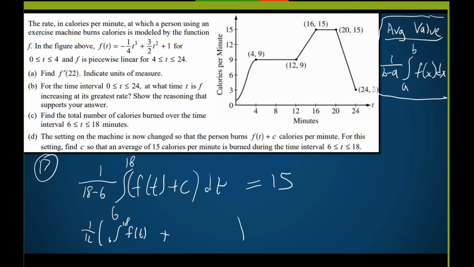So anytime you see an addition form when you're integrating, you can break it apart. So the integral from 6 to 18 of some constant c. And I've integrated both of these in terms of time. All of that should be equal to 15. Okay, I'm still on Kyle. When I integrate c, that's some constant, in terms of time, what will happen?